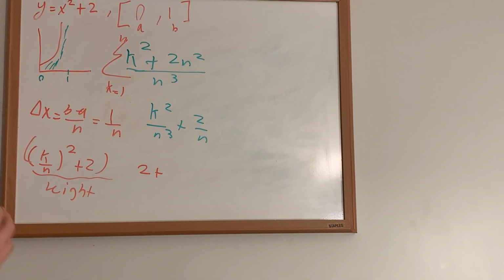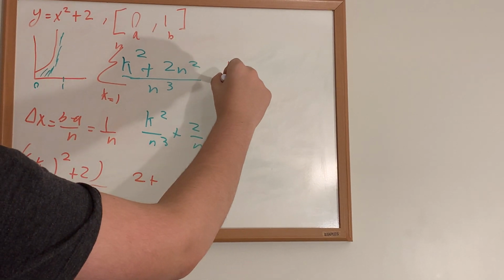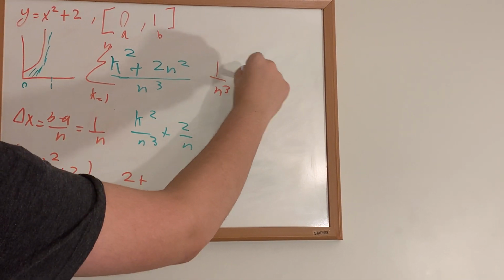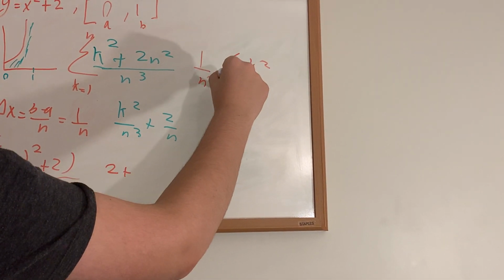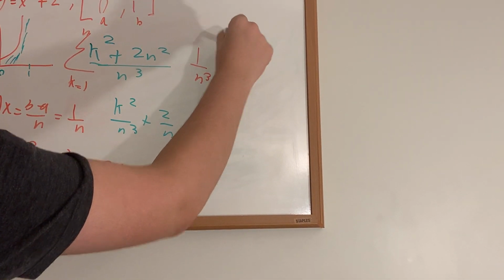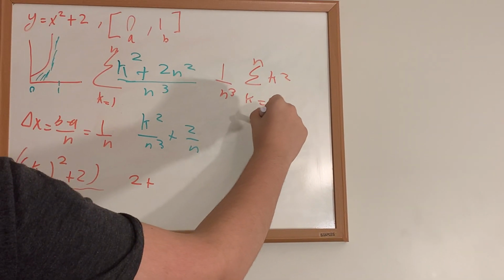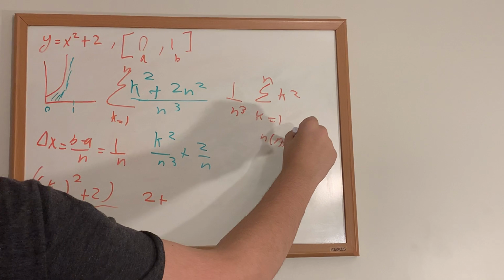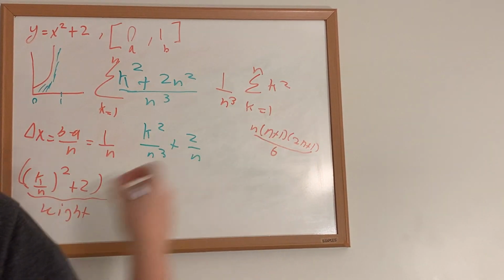Plus we have k squared over n cubed. Again, because we are working with variable k, we can take out 1 over n cubed and multiply it by the sum of k squared from k equals 1 to n. Now the sum of k squared has a known formula: n times n plus 1 times 2n plus 1, all over 6.